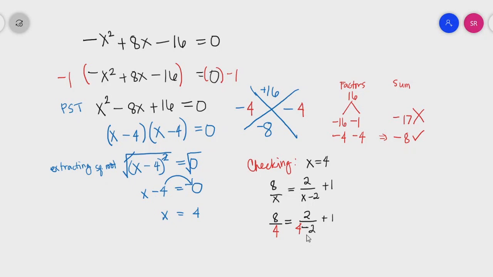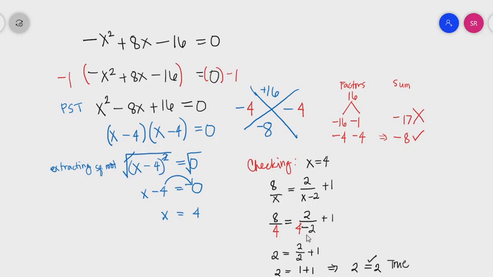Simplifying, we have 8 divided by 4, that's 2, equals 2 over 4 minus 2, that would be 2 over 2 plus 1. Or we have 2 equals 1, kasi 2 divided by 2 is just 1, plus 1. Or if we proceed here, we have 2 equals 2, which is true.